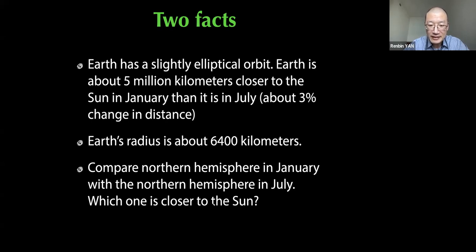But then in July, it is actually further away by 5 million kilometers. And even if you are tilted toward the sun by 6,400, it's not going to change it very much. So if you compare the northern hemisphere in January and the northern hemisphere in July, we are actually still closer to the sun in January than in July.